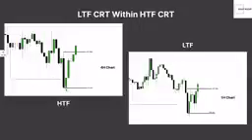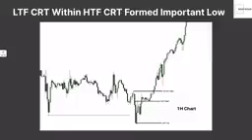CRT low was hit. Dropping to the lower time frame, as we can see, the CRT low and high of the 1 hour was also respected. Where was this CRT formed? The 1 hour CRT was formed within the 4-hour CRT. This is key. So as you can see here, this is the 1 hour chart.